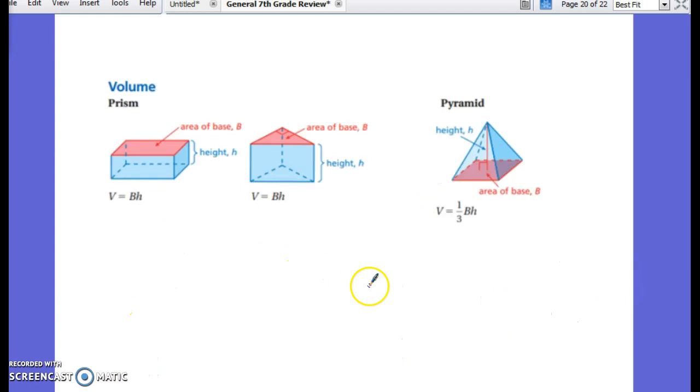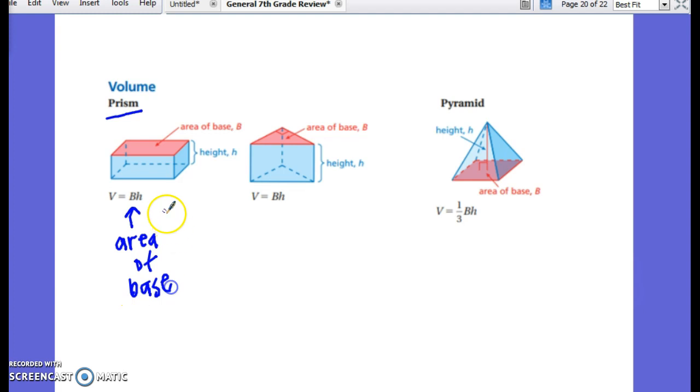Okay, the next thing we're going to review is volume. Remember, volume is like if you have the shape and you fill it up with water, how much volume could it hold? When you have a rectangular prism or a triangular prism, it doesn't matter what kind of prism it is, it's going to be volume equals the area of the base. Remember, the big B is the area of the base, and then times the height.